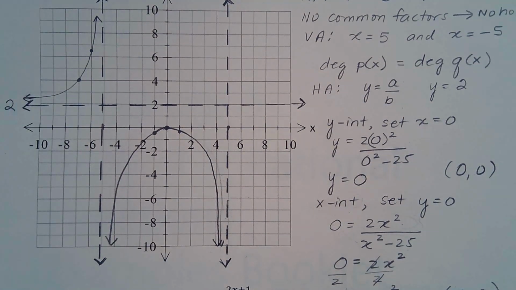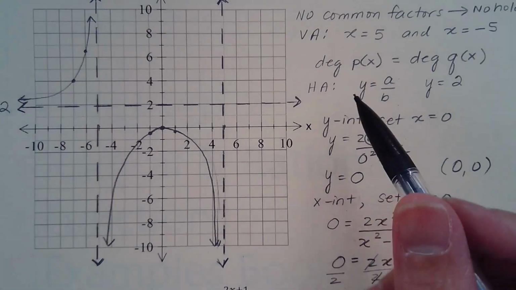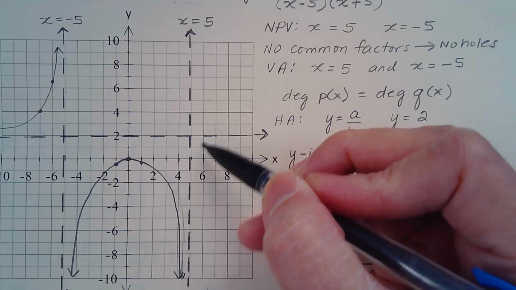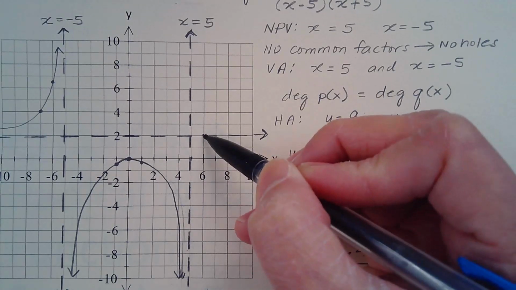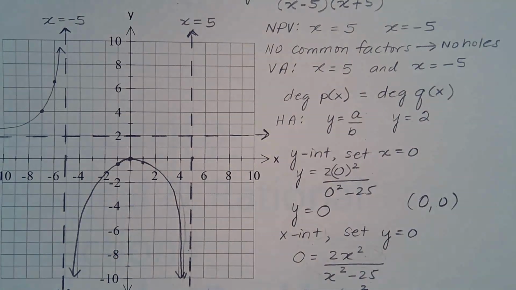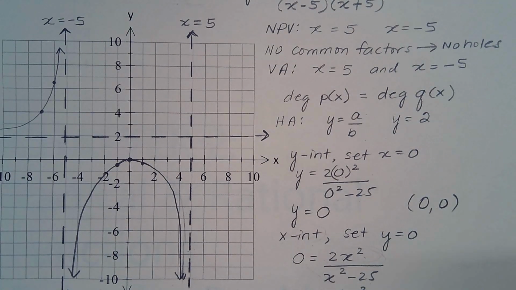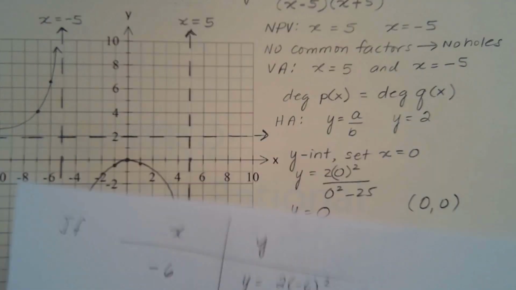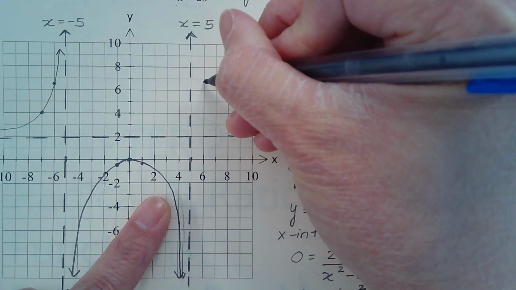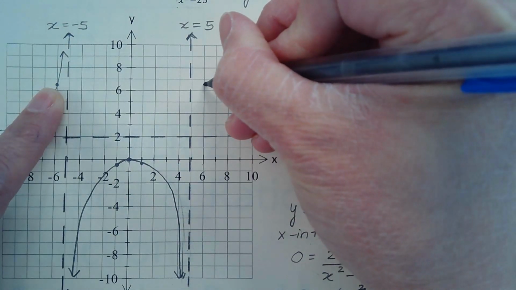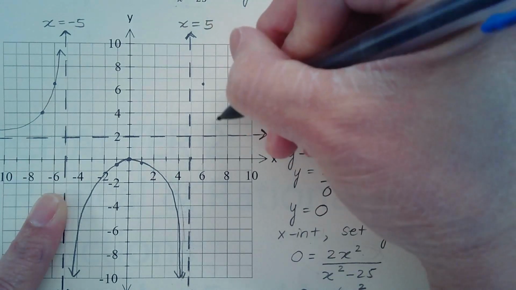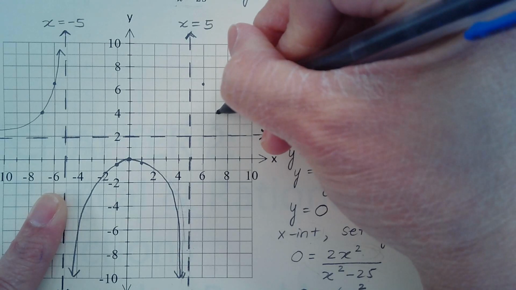Okay. So, if we pick a number, what did we say? If this is 5, let's pick 6. What would happen if x is 6? It's going to give us a positive. It's going to be the same thing as the other one.